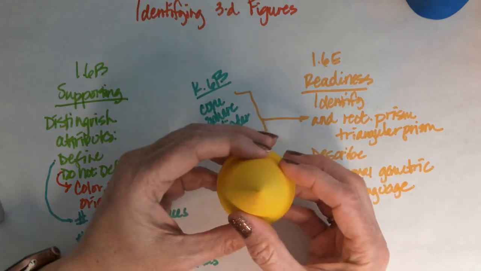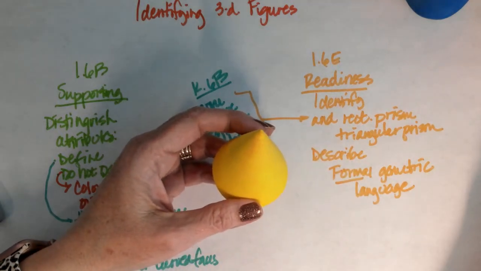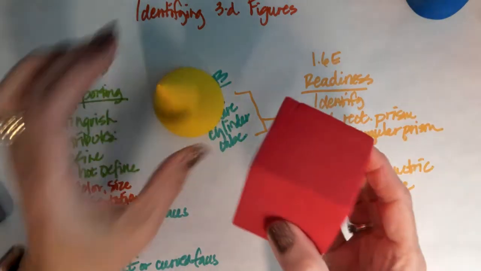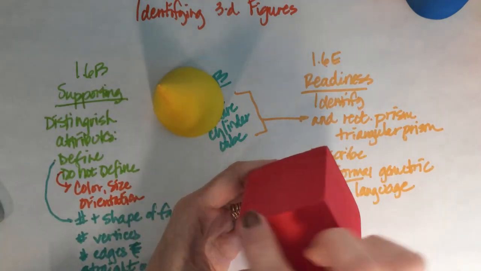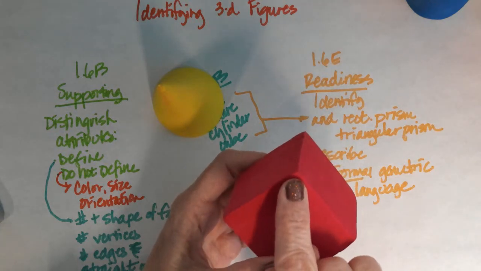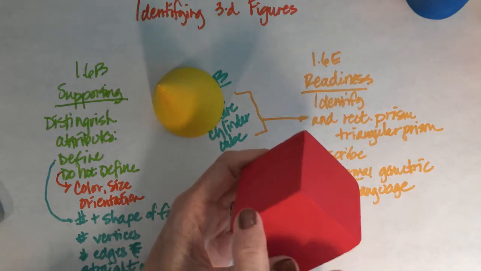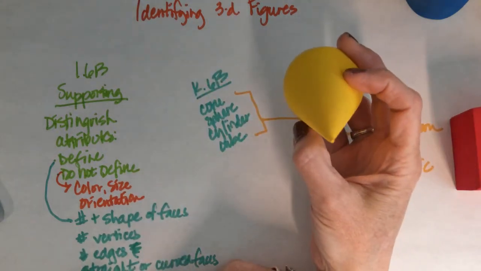So I want to show you why it's not a vertex. If I think about the definition of a vertex, it is where two or more edges meet. This has three edges that meet, and it's a vertex. It's a point, right? Where three edges meet. This has no edges to meet.